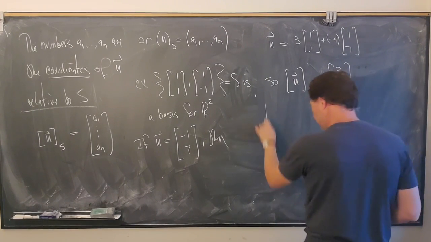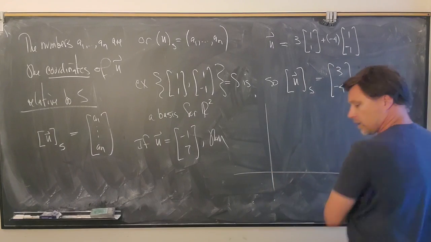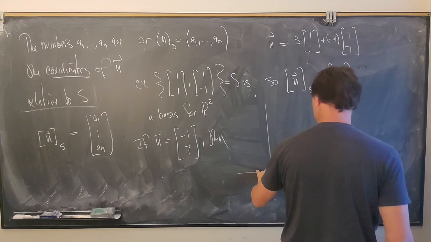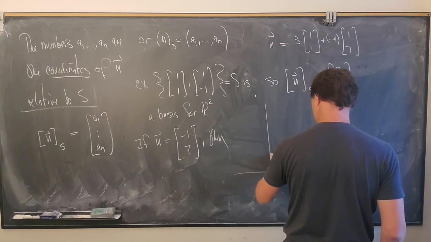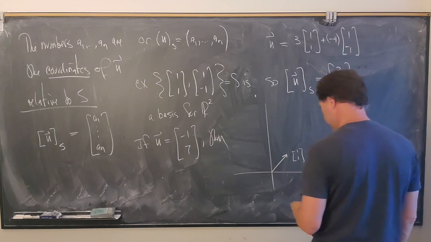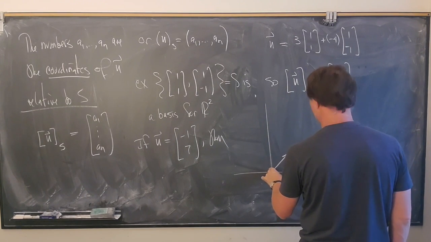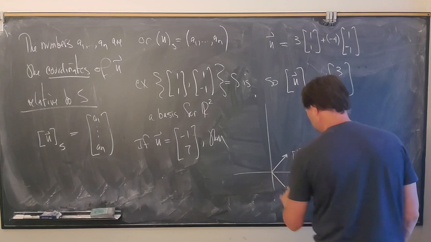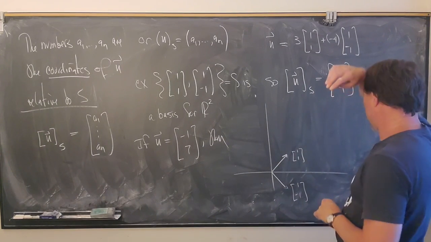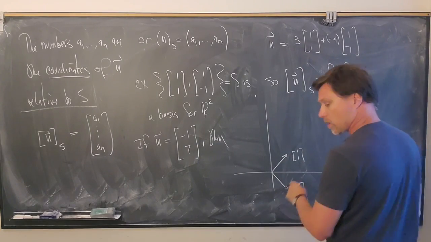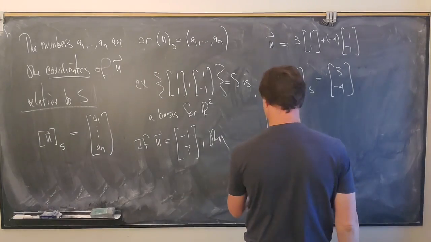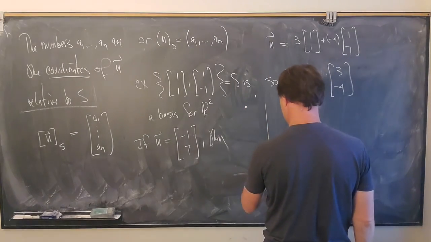And there's a picture, if you like. So let's see, (1, 1) is right there, and (1, -1) is right there. And then the vector (-1, 7), let's say, is right there.